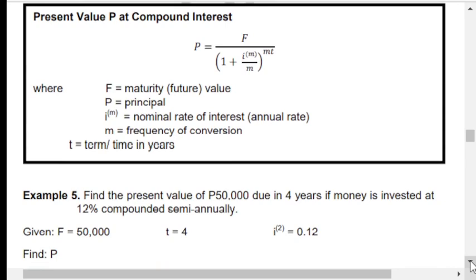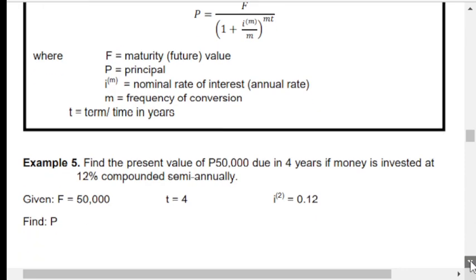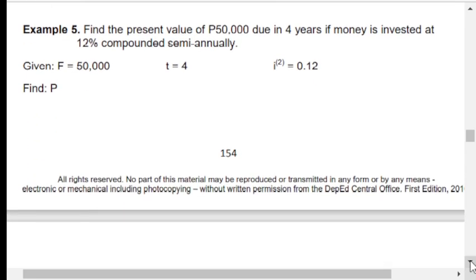Okay, to find the present value P at compound interest, ang imo ng buhaton is P equals F over 1 plus I to the power of mt. Okay, so example number 1, we have to find the present value of 50,000 pesos due in 4 years if money is invested at 12% compounded semi-annually.